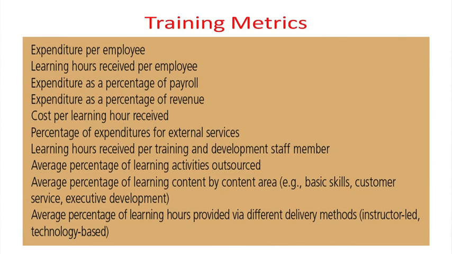It means what are the different areas where you are going to offer training programs, and how much you are spending on those activities, right. And finally, you have to see how much you are going to provide in terms of percentage of learning hours for different kinds of methods, right. So, there could be different kinds of metrics used to measure the effectiveness of the training program, right.